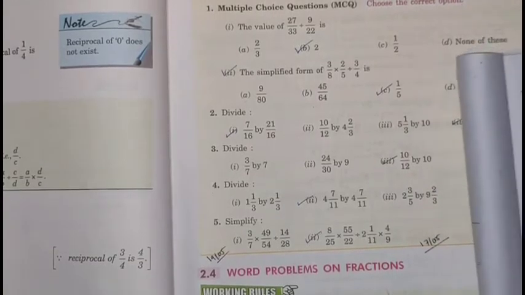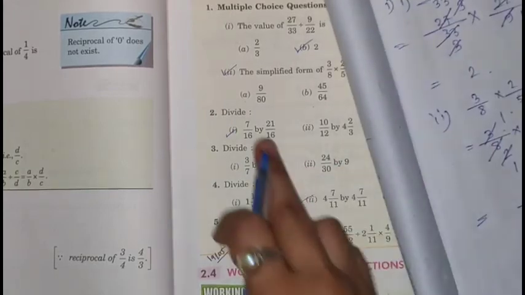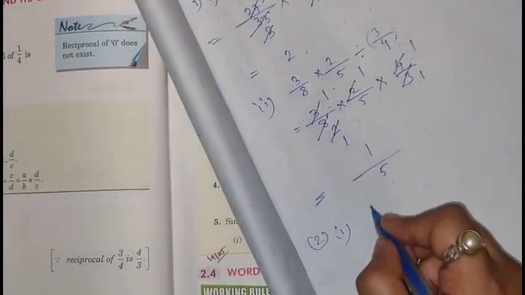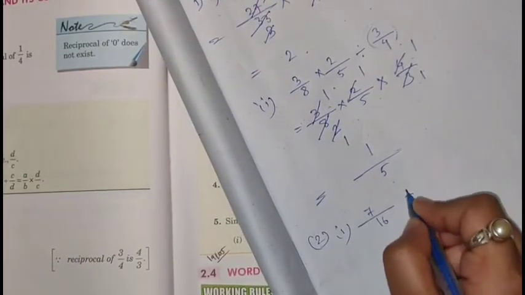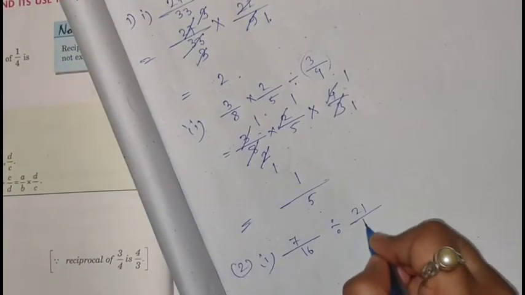Next, question number 2 1. Divide this number by this number. So you have to write 7 by 16 divided by 21 by 16.